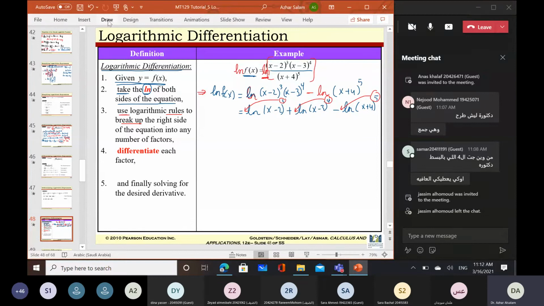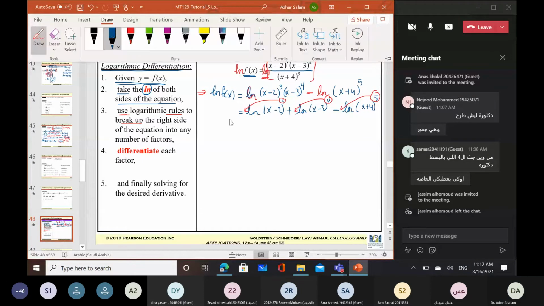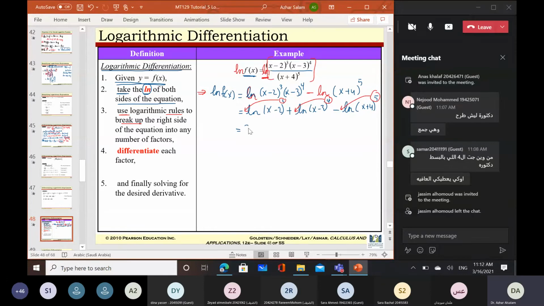So this is equal to 3 ln of x minus 2 plus 4 ln of x minus 3 minus 5, keeping the same sign, ln of x plus 4. Now I have broken all the quantities.